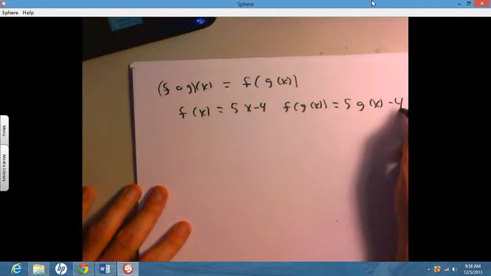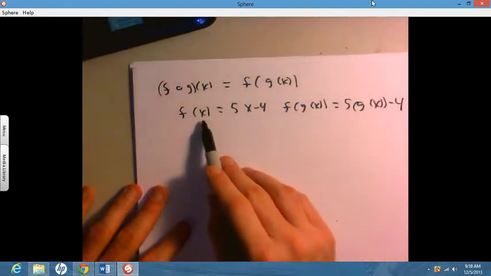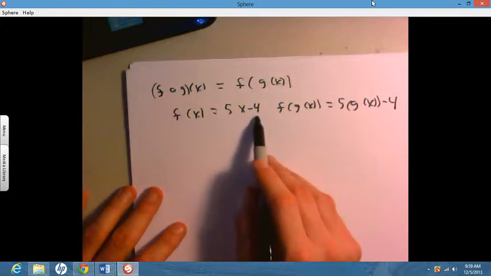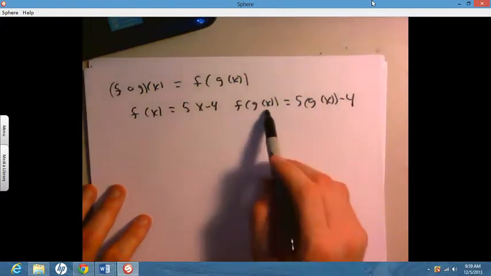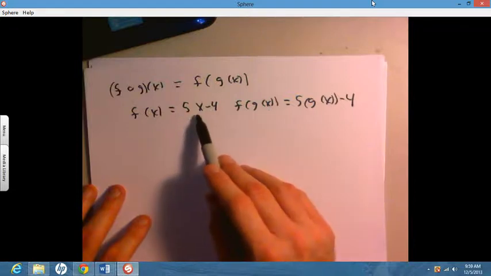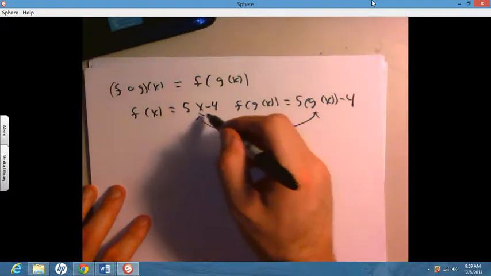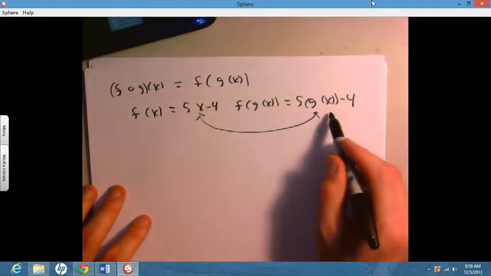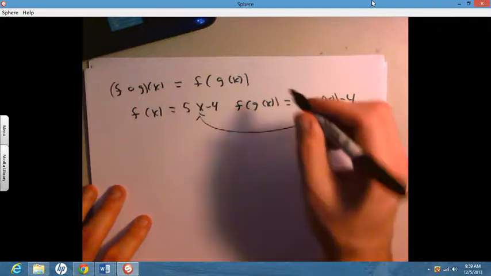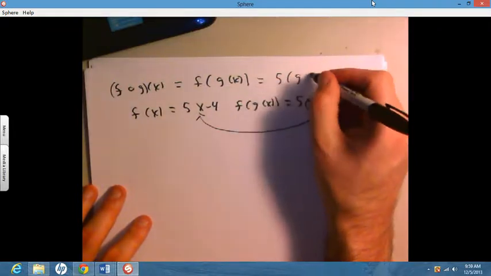So it just means anywhere, the function definition is 5x minus 4. So f of g of x means anywhere I see an x in this function definition, I'm going to replace it by g of x. So we should have this connection. Instead of 5x minus 4, I have 5 times g of x minus 4.